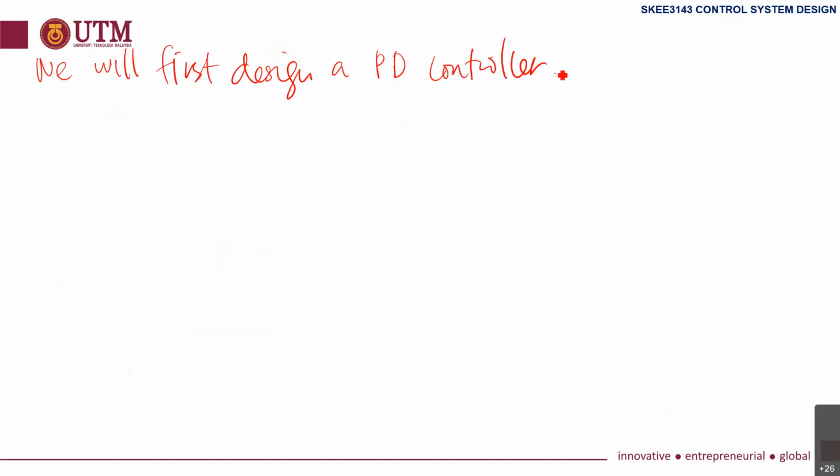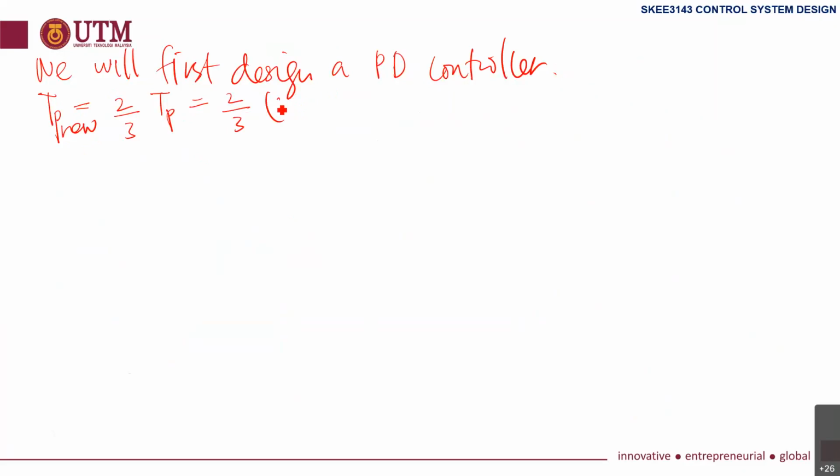Later, once we finish PD, we continue with PI, and then we multiply together. What we want is 2/3 of the TP. This is the new one, TP new. We want to reduce by 2/3.